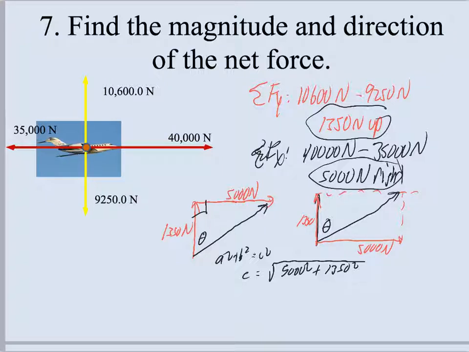And then we end up with 25 million for 5,000 squared, and 1,822,500 for the 1350 squared.